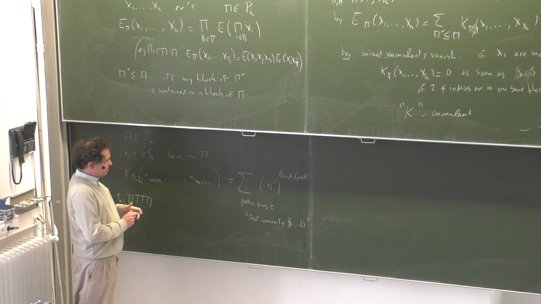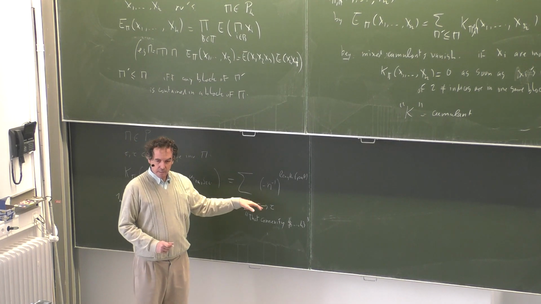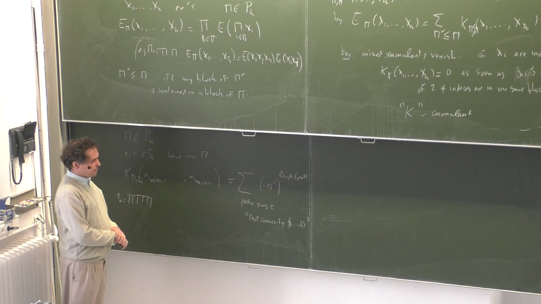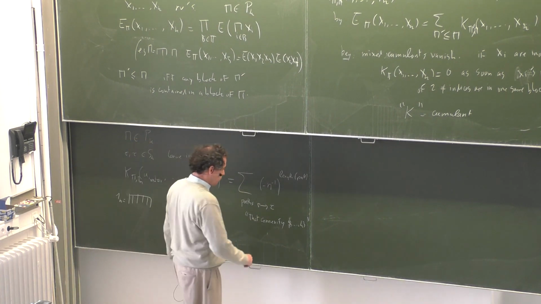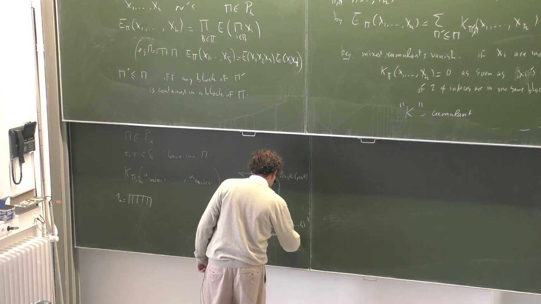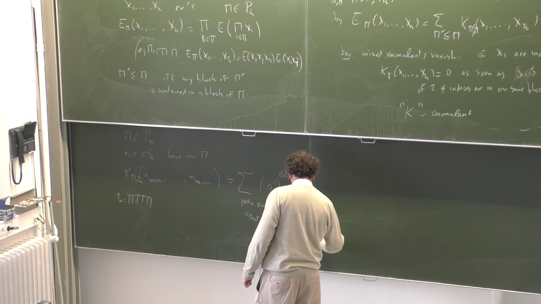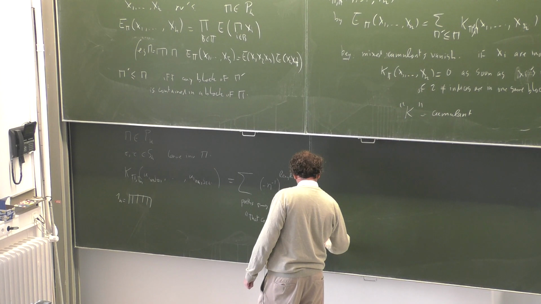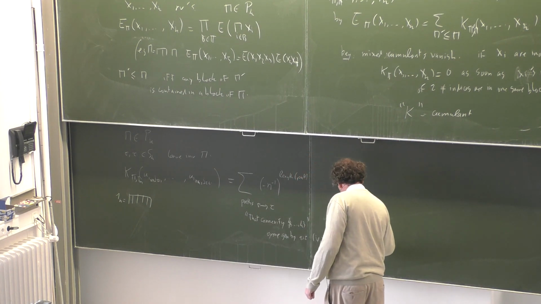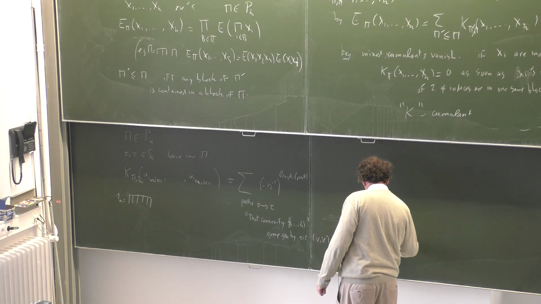And what I want is that the group generated by sigma, tau and all the elements i_l j_l acts transitively on the set 1 to k.